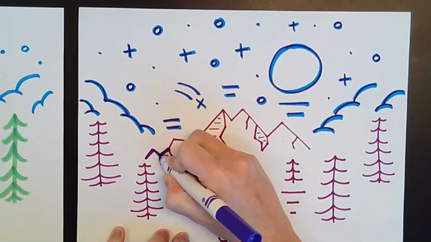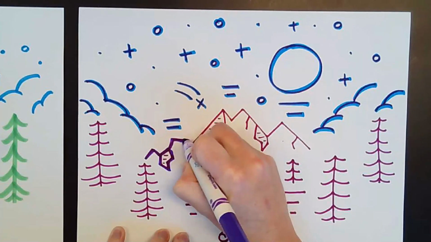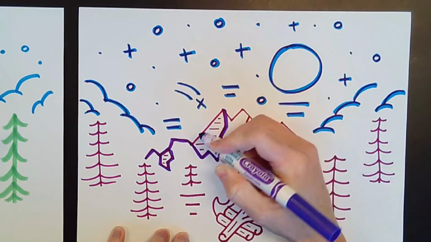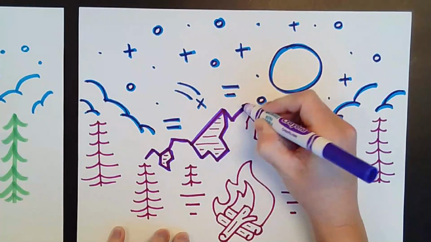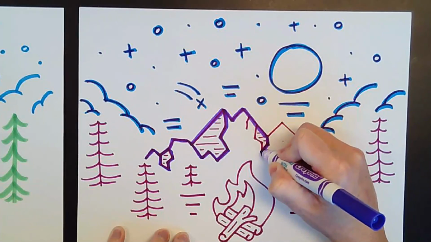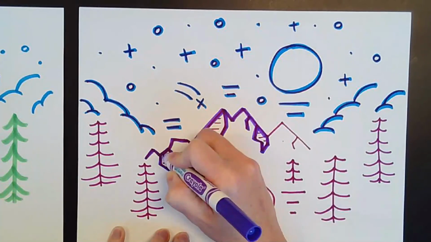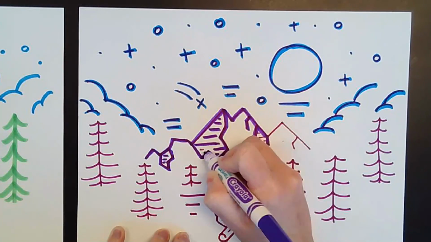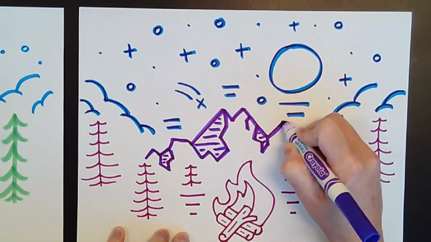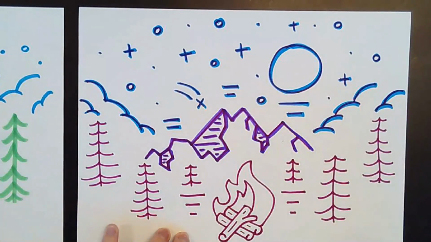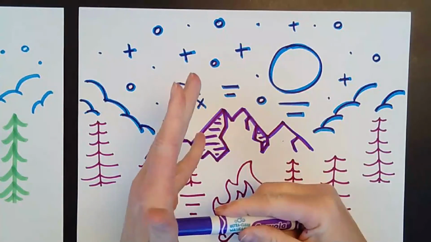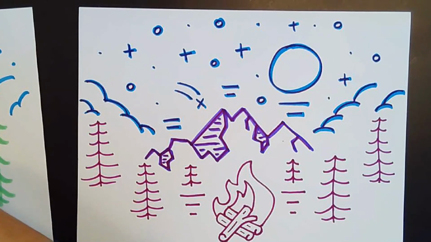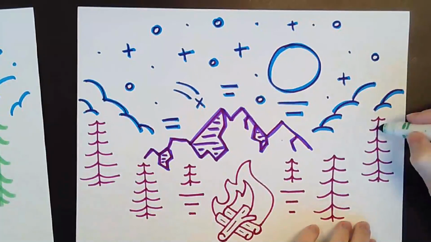So I want to do all of the lines of my mountains in purple. Mountains are purple. Trees are green.